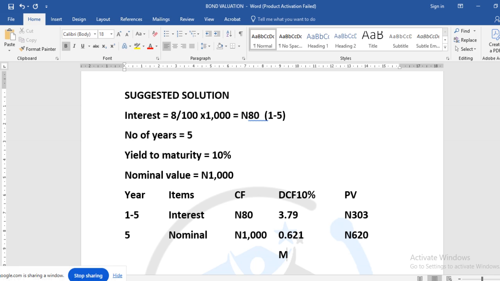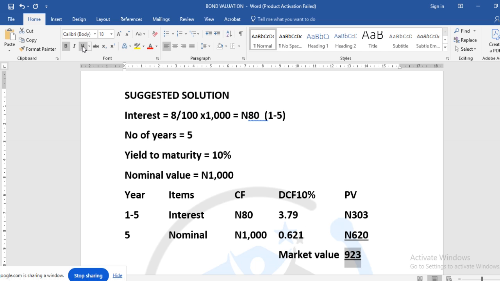It is a cash flow for the lender. Market value 923.2. Sorry, you can remove the point 2. I think I got point 2 from my end.